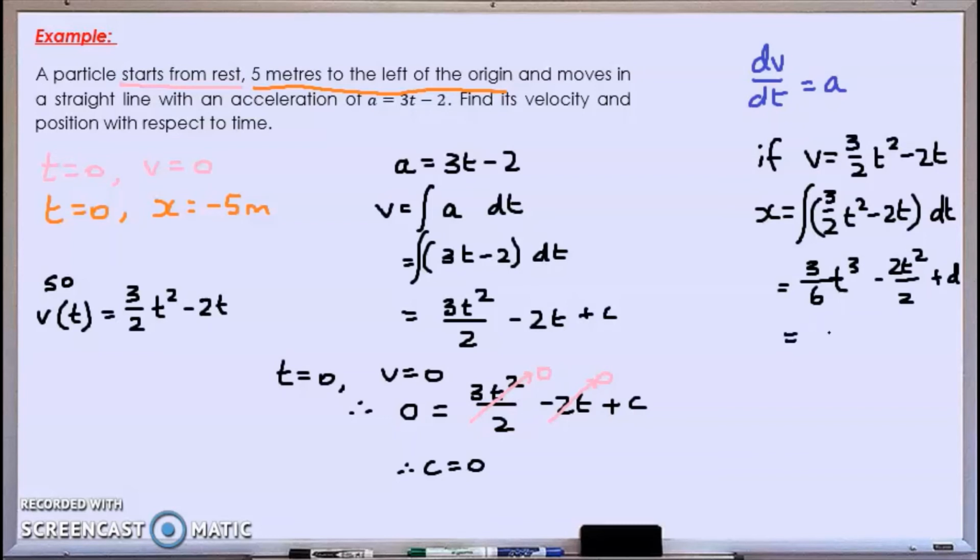Now let's tidy this up. We're going to get a half t cubed minus t squared plus d.